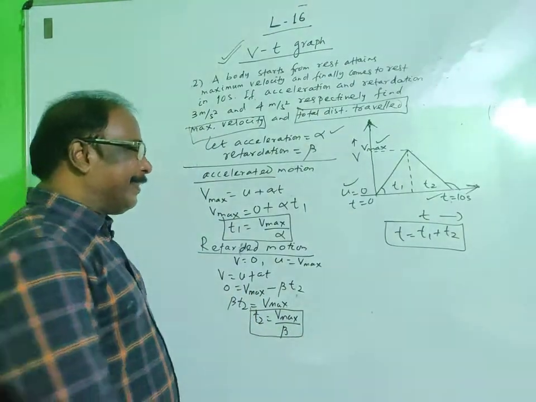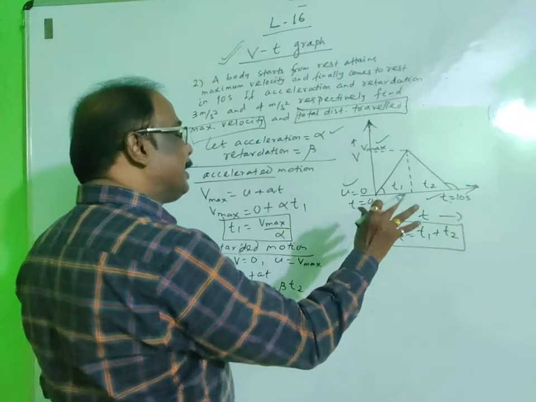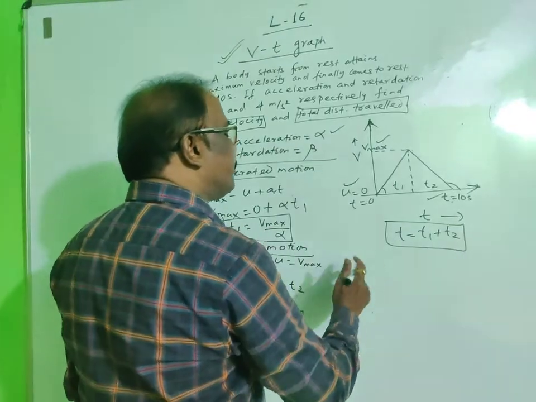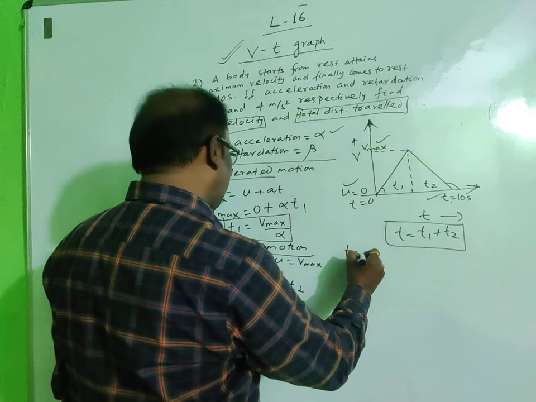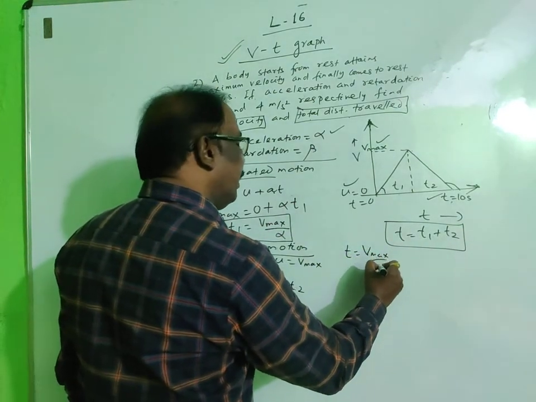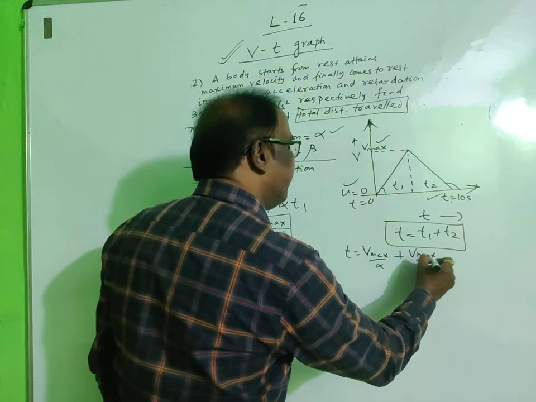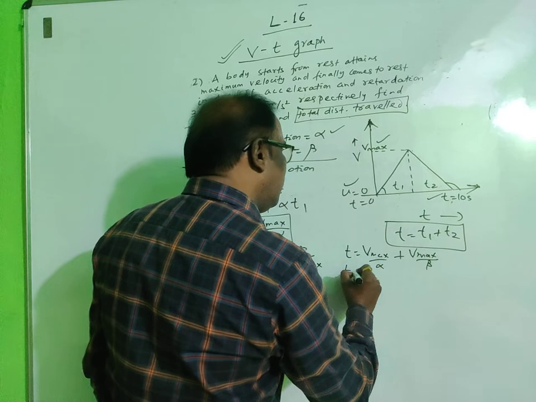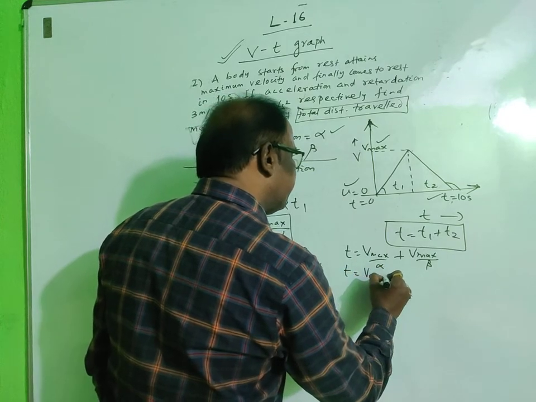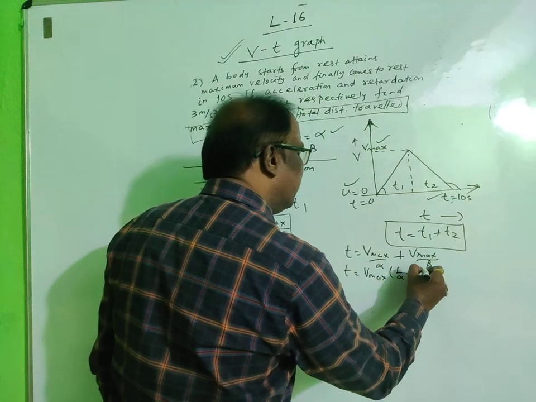Is it clear? As we have found, the total time is t1 plus t2. I have not used numerical values, I have used variables. Then total time t is equal to V max by alpha plus V max by beta. Then t is equal to V max, taking it common, times the bracket 1 by alpha plus 1 by beta.